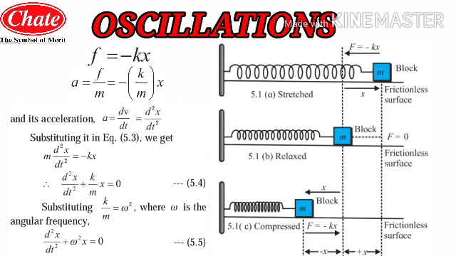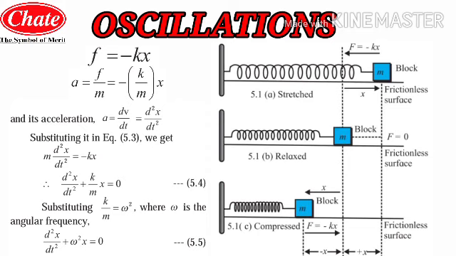Then you have to take into consideration Newton's second law, which is F is equal to ma, the definition of the force. So this equation will be m into d square x upon dt square equal to minus kx, as you can see on the screen.